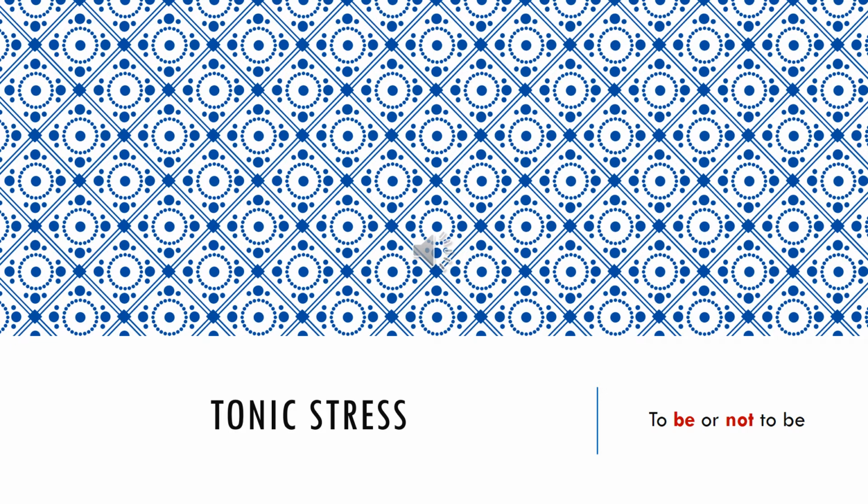Imagine what it would sound like if we decided to stress the last word of the sentence, to be or not to be, right? What tonic stress desires is to avoid confusion and misunderstandings and make ourselves understood. Let's look at some more examples.